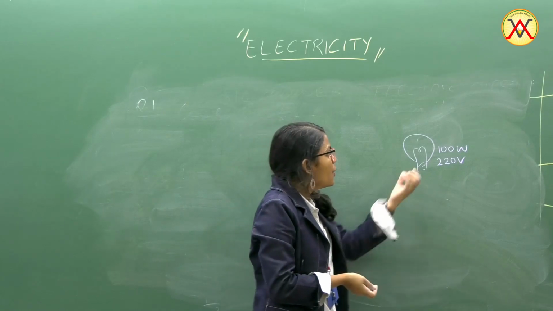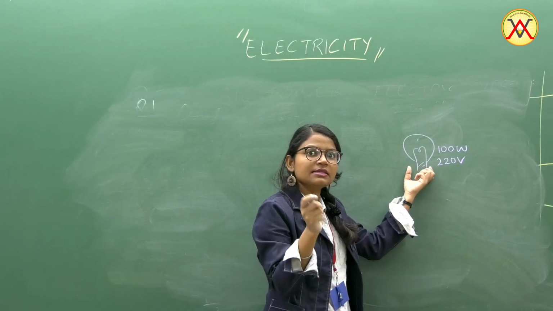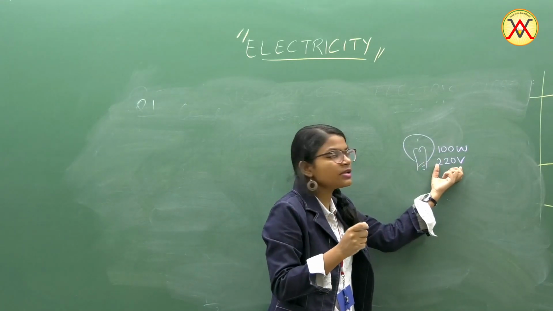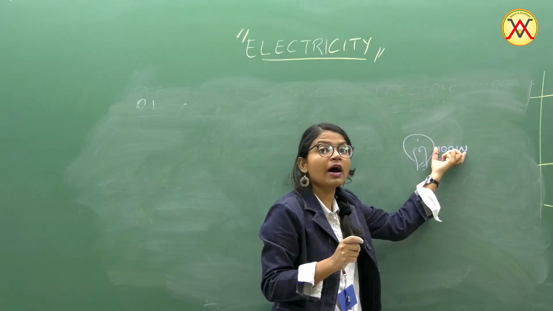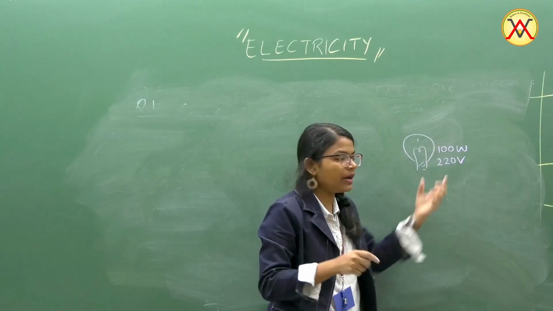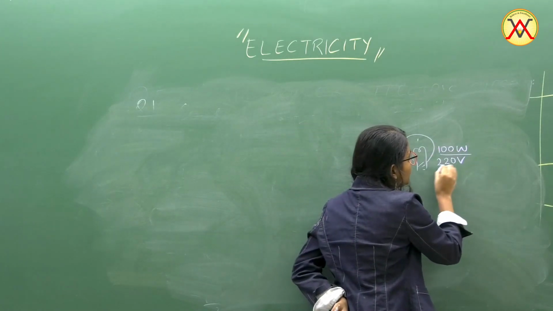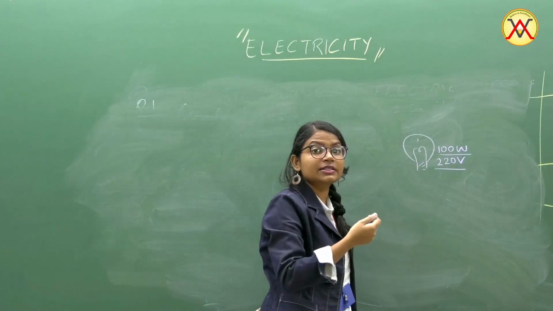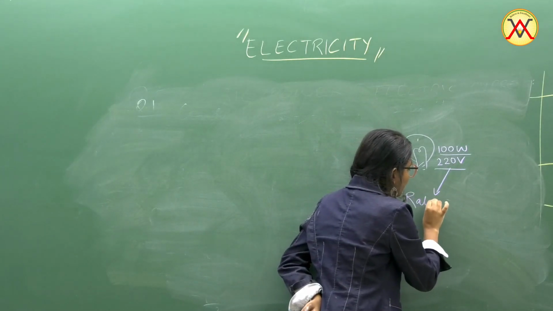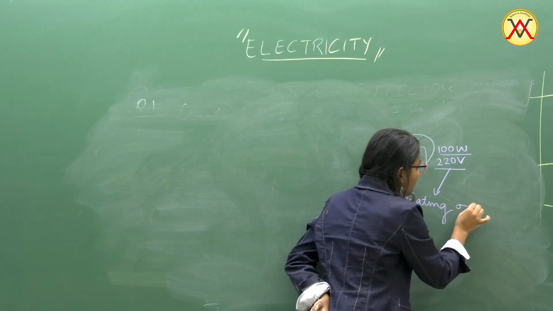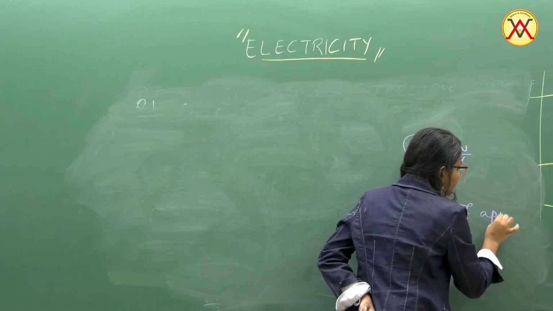That means whenever the bulb is supplied a potential difference of 220 volts, it would give you a power of 100 watts, right? These values specified on your electrical appliances are known as the rating of the appliance.